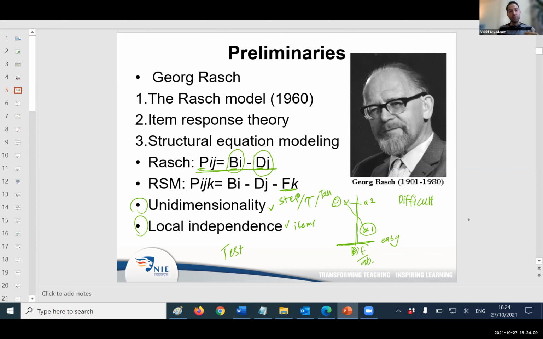I should let you know that this session is an introductory session to Rasch measurement, by the way. So let's not expect too much, because there will be a lot more left about Rasch measurement. Like I said, we will need a full course to talk about it, but this session is designed to help you understand the papers when you read them and run some basic analysis on your own.